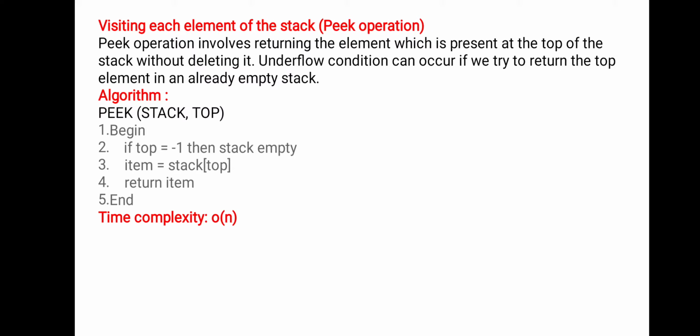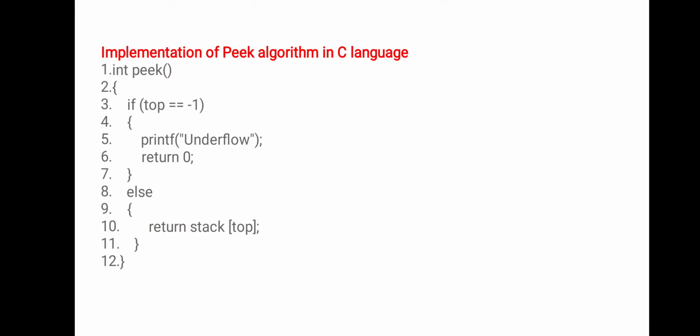That is, if top is equal to -1, then stack is empty, like that. But when it comes to the implementation part, we have to write the complete code, whatever the language we use, either C or C++.